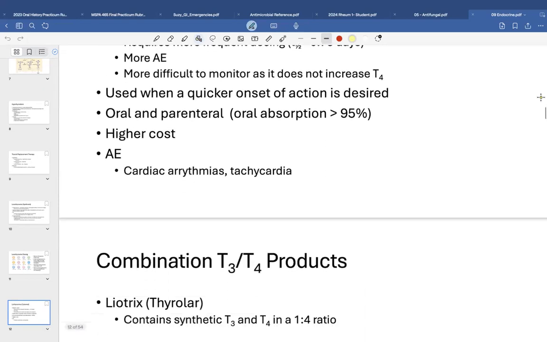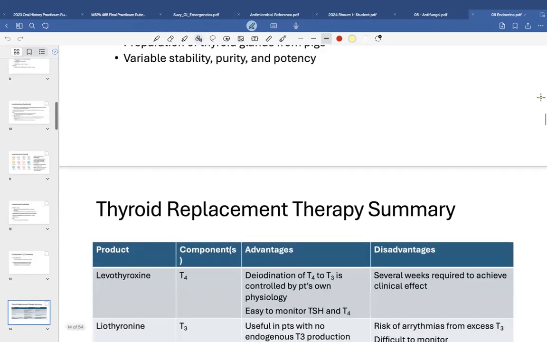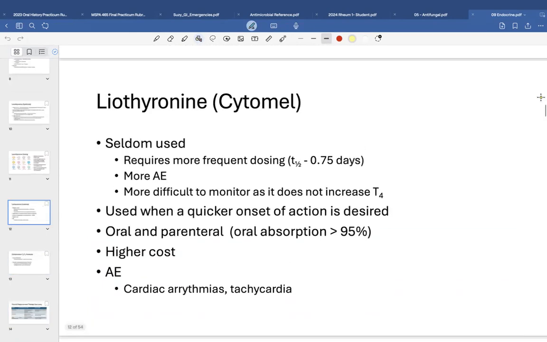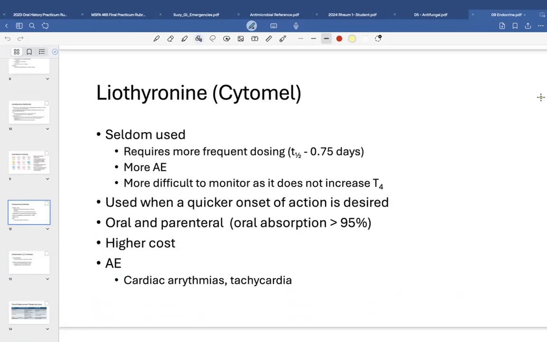But it's the more active form, so it will provide a quicker onset of action. There is both a PO and an IV version.